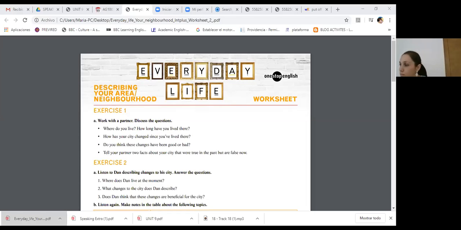Now, with this tense, you can use, for example, the word for to express the duration of the action. We have gone to the seaside for 5 years. Or you can use since to refer to the moment the action started in the past.